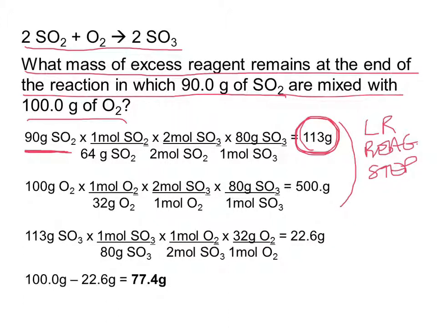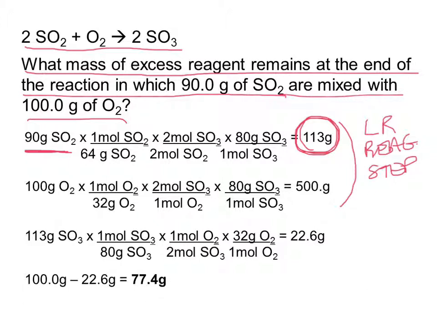The 90 grams of sulfur dioxide yields 113 grams of SO3. 100 grams of oxygen yields 500 grams of SO3, right? So now I know which is the limiting reagent.